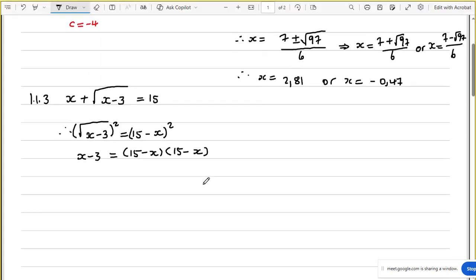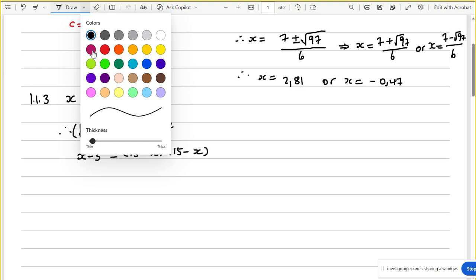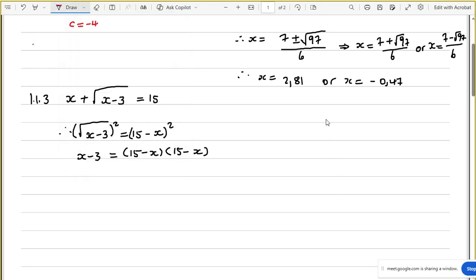Now I need to use the FOIL method to multiply that. So I need to take the 15 minus x, multiply that by 15 minus x. So this will be 15 times 15. What is 15 times 15 when you punch that on the calculator? 225.